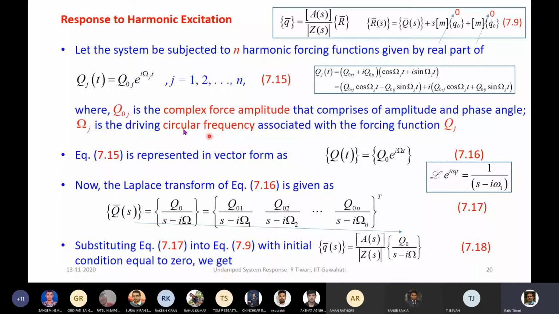Because these are n forces acting at different locations onto the system, they can be put in a vector form. So this is a vector of size n into 1.